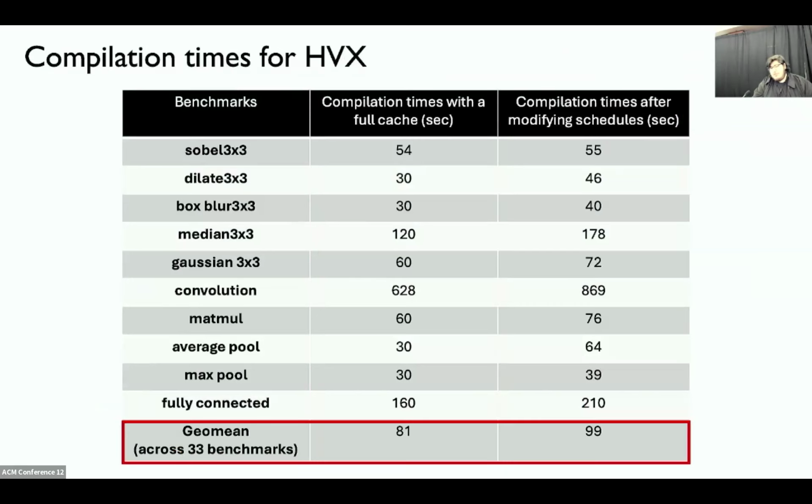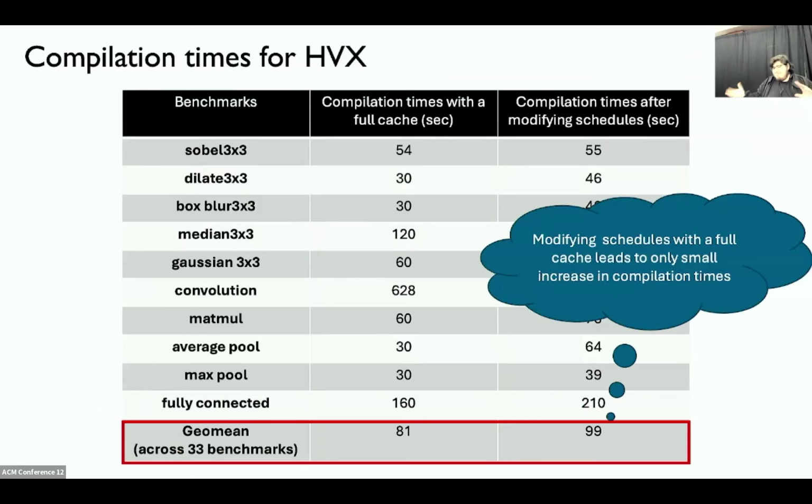If you look at the geometric mean, it's pretty close. So the overall idea is that when you're performance tuning with Hydride, you just pay the cost of synthesis once, and then you keep accessing the cached results most of the time.